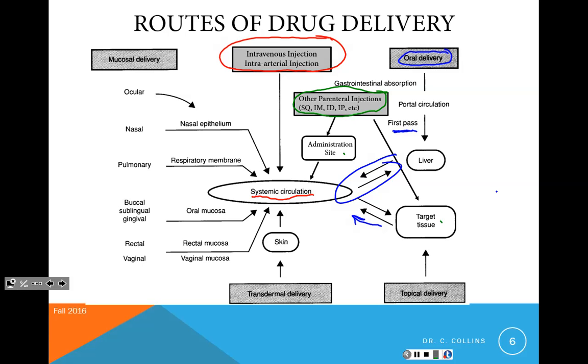As opposed to transdermal, where the skin is a barrier, and it is designed for systemic administration. So how you would formulate those two things would be very different. In a topical delivery, you just want it to work locally, so you're not concerned about drug penetrating the barriers of the skin. Whereas in transdermal, you are.